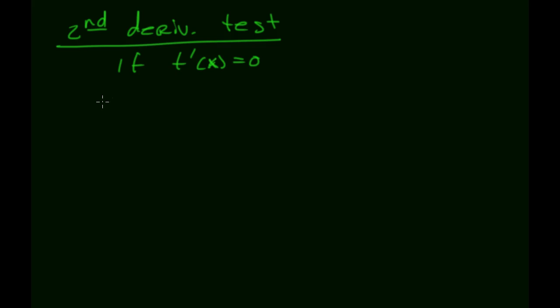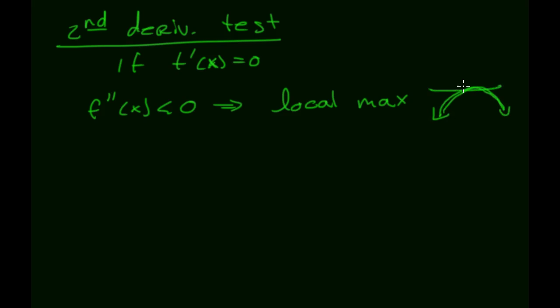And if the second derivative at that point is negative, then I have a local max. Why is this? Because this derivative is 0 and it's concave down, which gives me a local max.